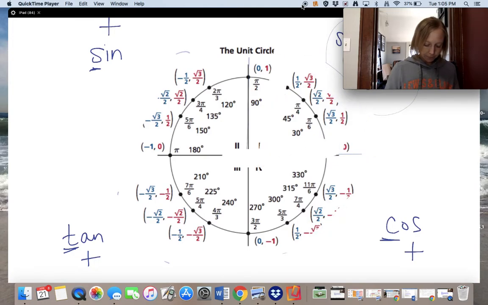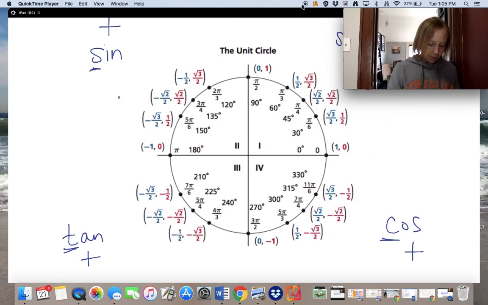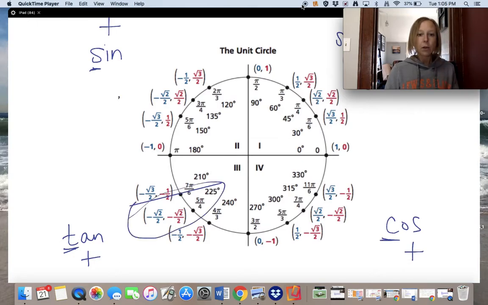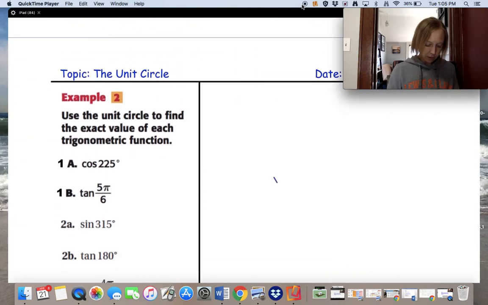Okay, so 225 degrees is right here. And the cosine is the x value. And so the x value I see with that angle measurement is negative square root of 2 over 2. So that's it. So I can just say the cosine of 225 degrees is negative square root of 2 over 2.